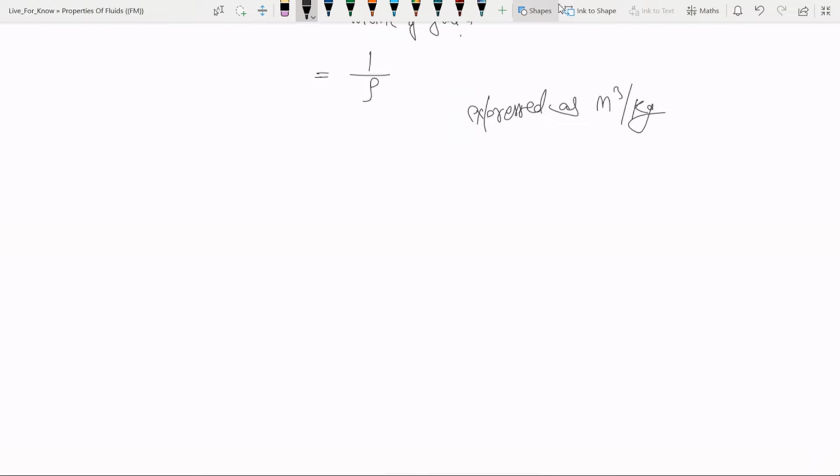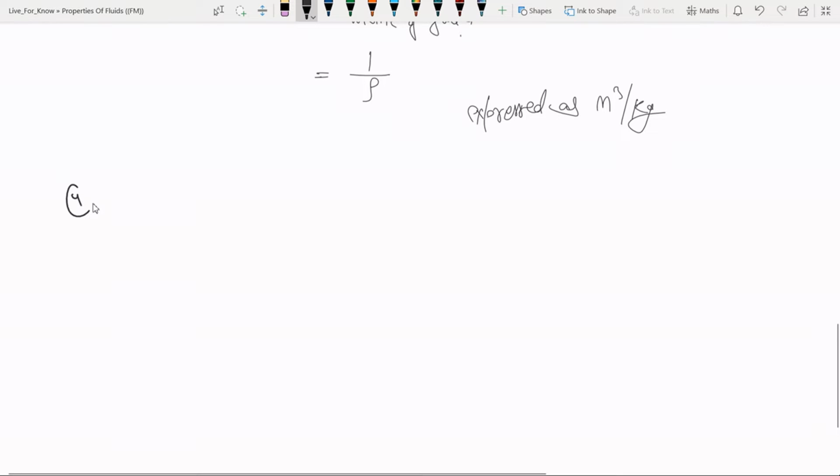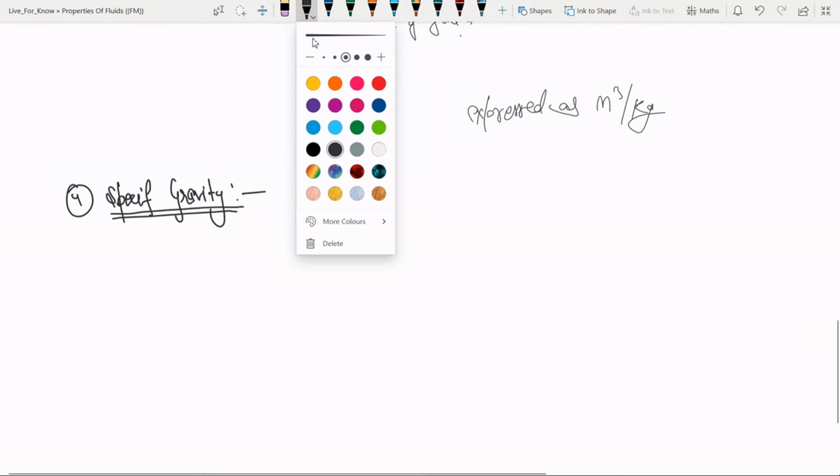So what is specific gravity? Point 4, specific gravity. It is the ratio of the weight density of a fluid to the weight density of a standard fluid.